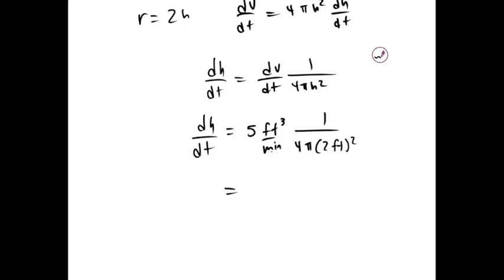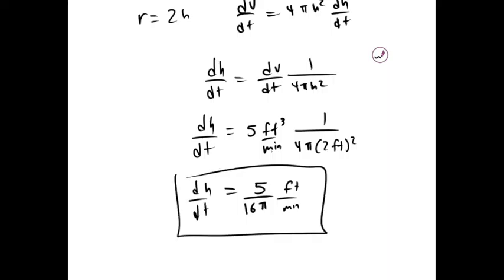That gives us 5/16 pi feet per minute as dh/dt. That's the rate at which the water level is rising at that moment.